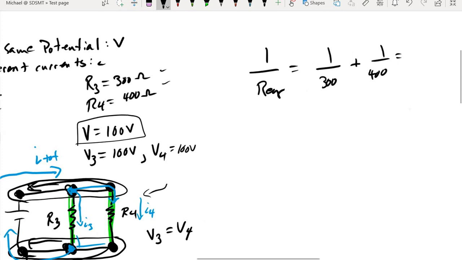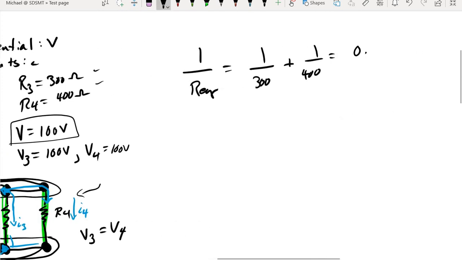And this is giving me 0.00583 repeating, but this is not our equivalent resistance. This is the inverse of our equivalent resistance.